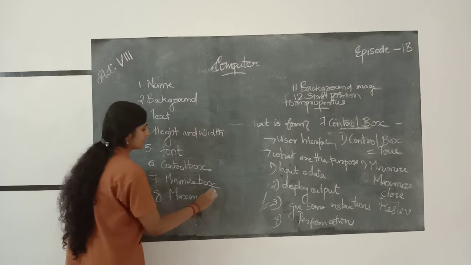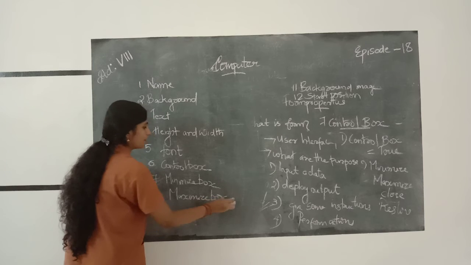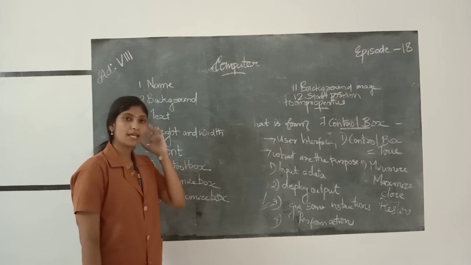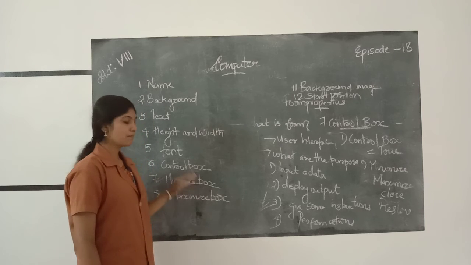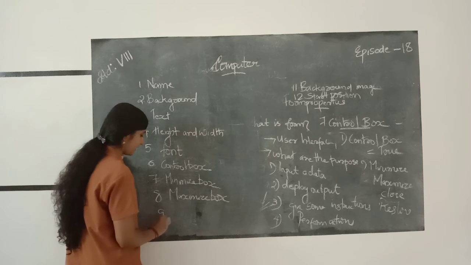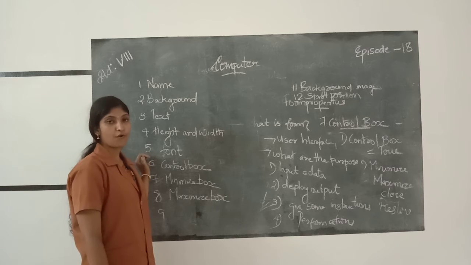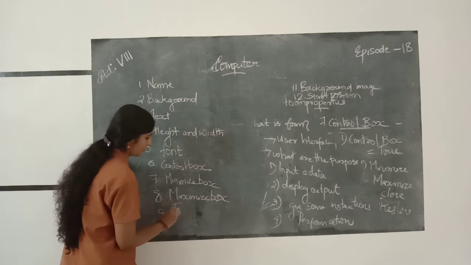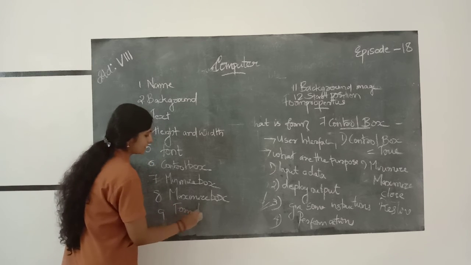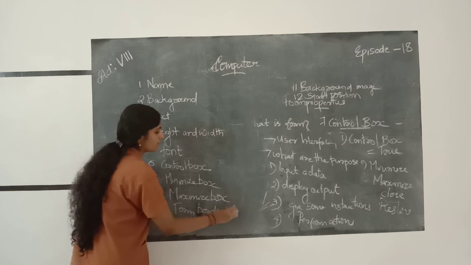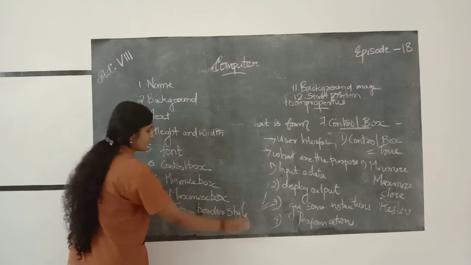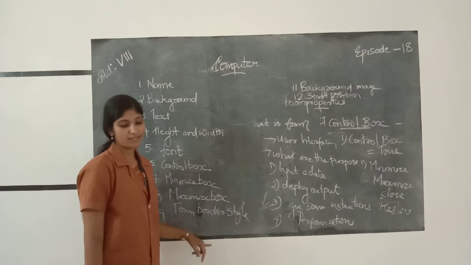If it is set to true, then you can enable the maximize button, otherwise disable it. Then the ninth one, form border style. You can apply any type of style to this form using this property.